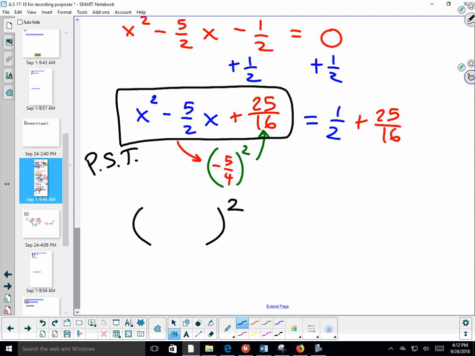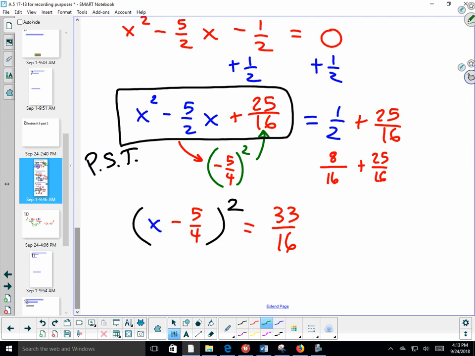And this binomial is going to be x, and then remember, our little clue is this is what goes right in here with it. Right? Half of the negative 5/2. So I need an x minus 5/4 quantity squared equaling, well, we better get a common denominator over here. It's going to be 8 over 16 plus 25 over 16, and that looks like 33 over 16.